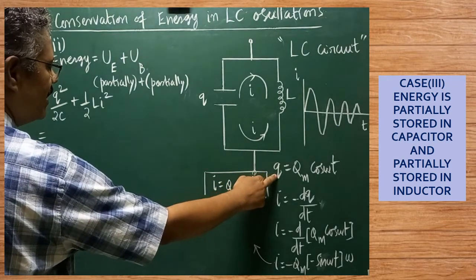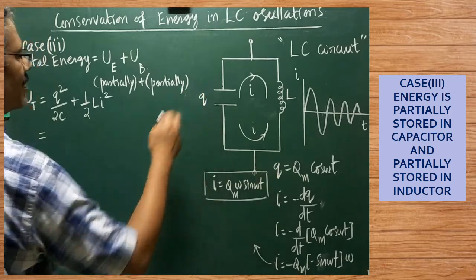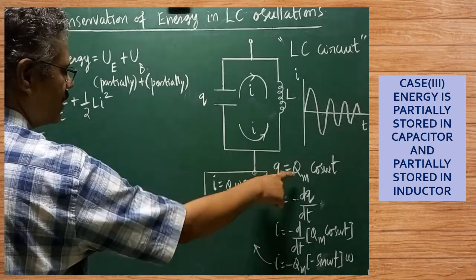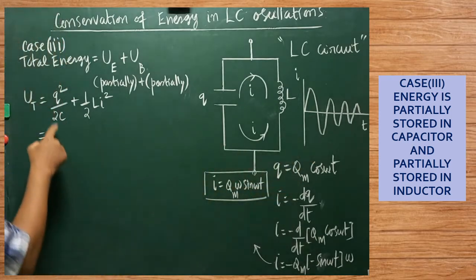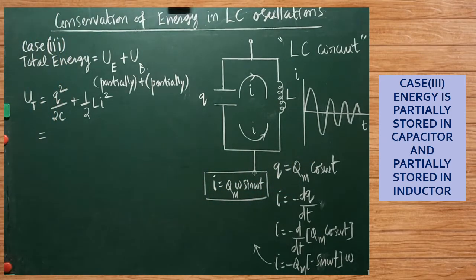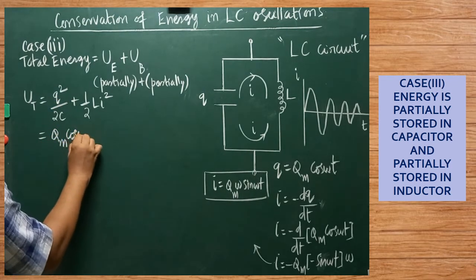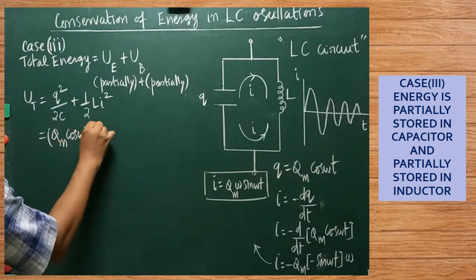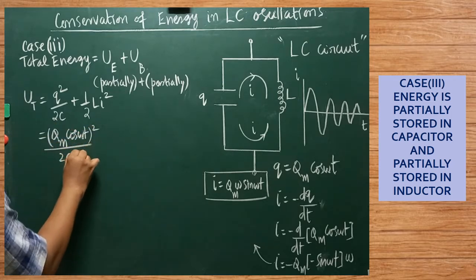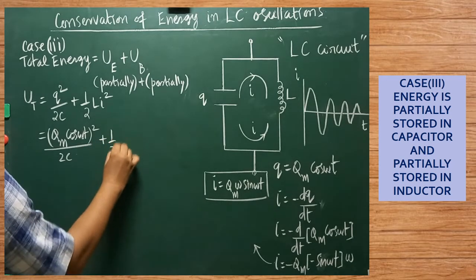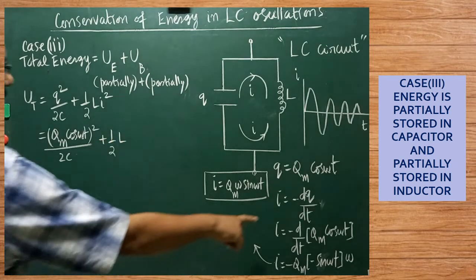This is the instantaneous charge stored in the capacitor, and it is in cosine form: Q is equal to Qm cos omega t. So instead of Q, we substitute Qm cos omega t, the whole square, divided by 2C. After that, half L.